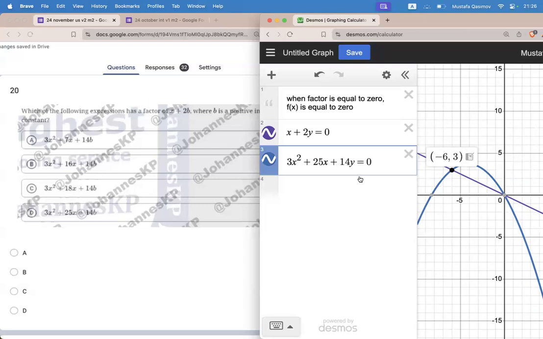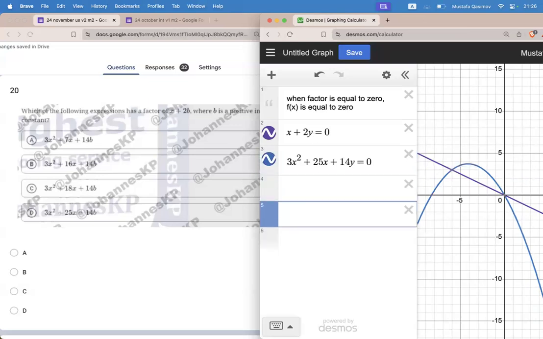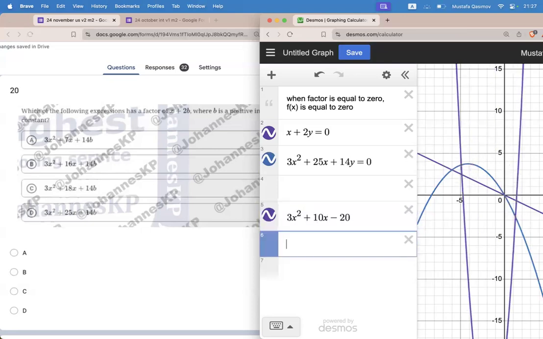Yes, in the other question we also wrote 0 for both of them. No, it was different. But yeah, actually we make both of them equal to 0, but not like this. We made it a different method. Our question from today's lesson was like that: 3x squared plus 10x minus 20, let's say.